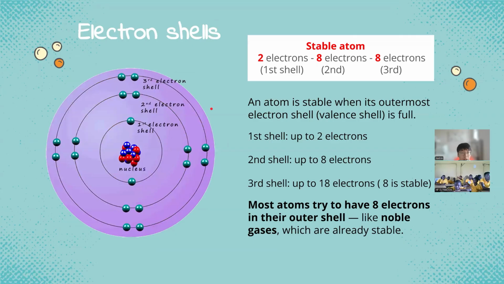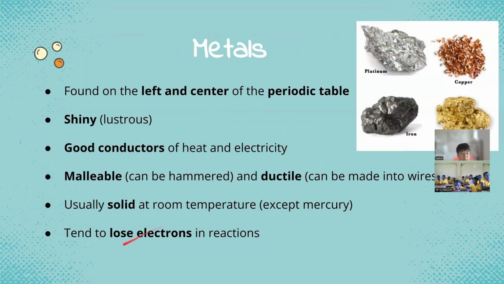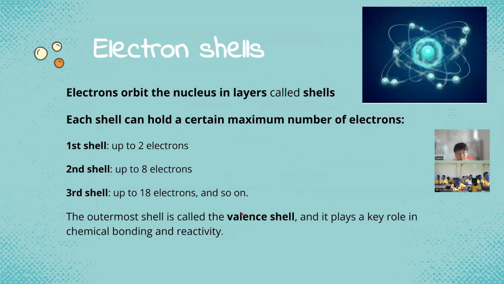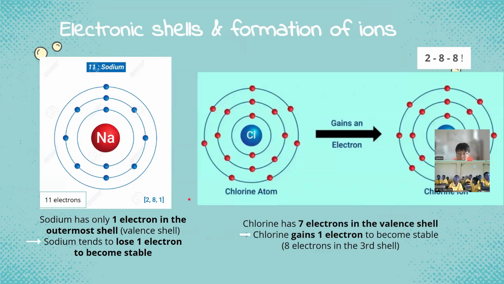The reason metals lose electrons and nonmetals gain electrons is because they want to have 8 electrons on their outermost shell. So always remember, 8 electrons equals stable. Every atom wants to have 8 electrons on its valence shell.